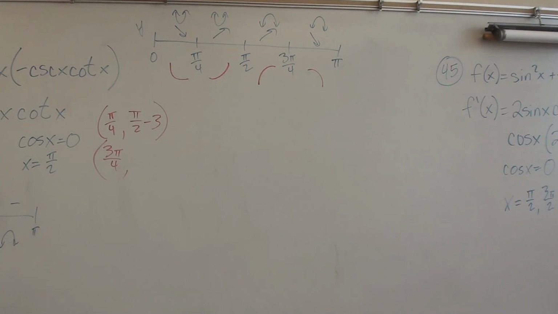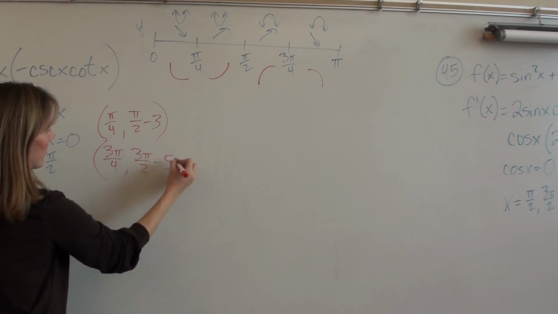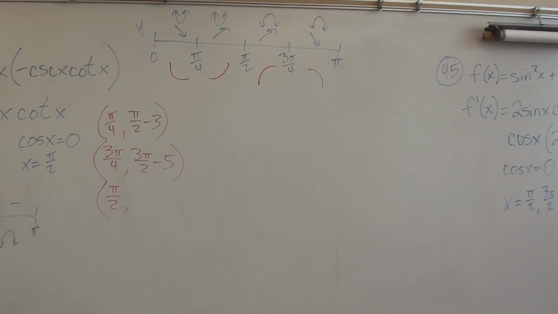At 3 pi fourths, we get 3 pi halves minus 4 minus 1, so 3 pi halves minus 5. And then at pi halves, we get pi minus 4 plus 0. Make sure it's not undefined, and it's not. So we get just pi minus 4.